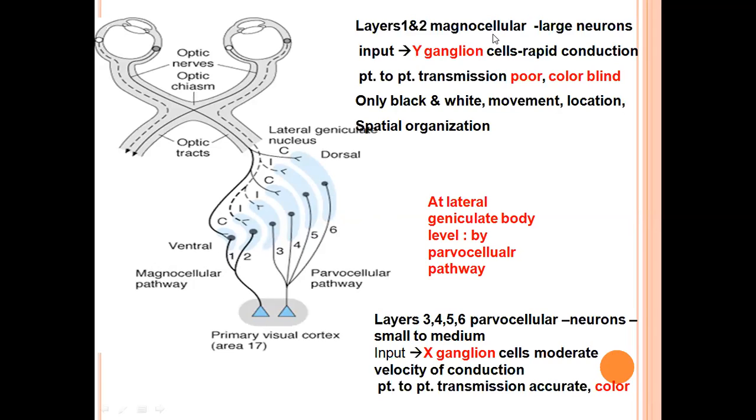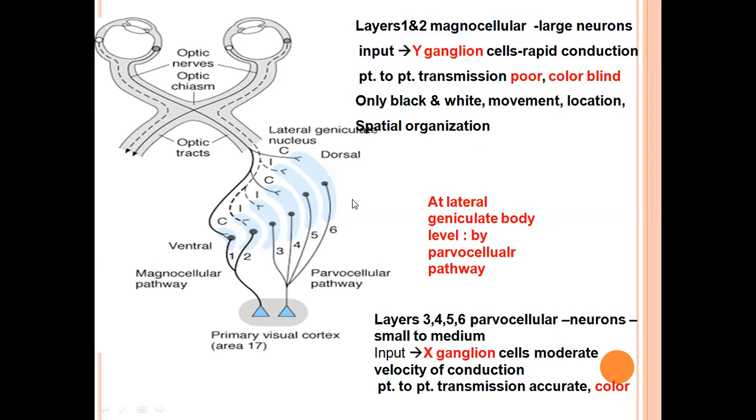Because of the large cells, large neurons, present in that layer. It receives signals from the Y type of ganglion cells. Just now we have seen W, X, and Y; these are the types of ganglion cells. It is mainly for rapid conduction, and its vision is black and white vision.